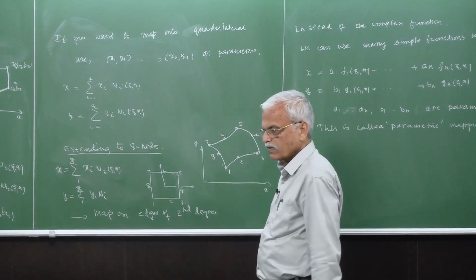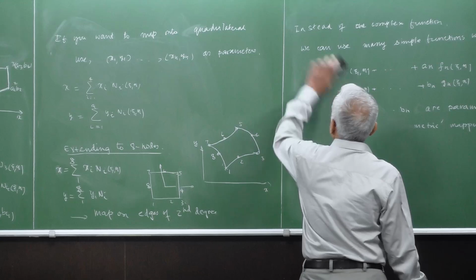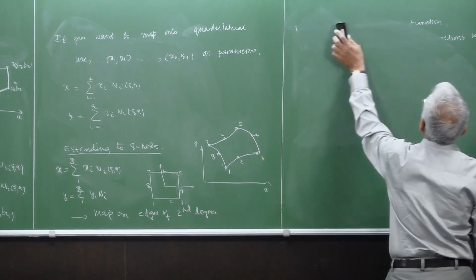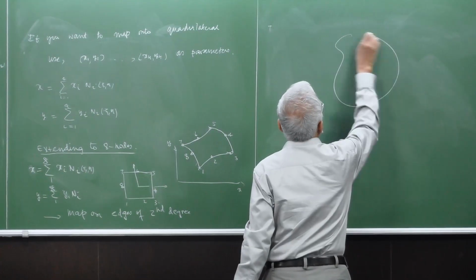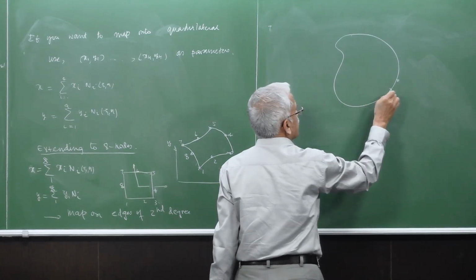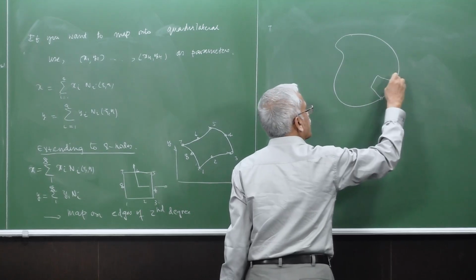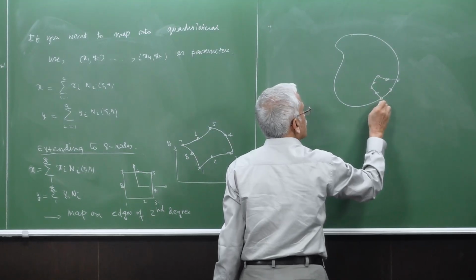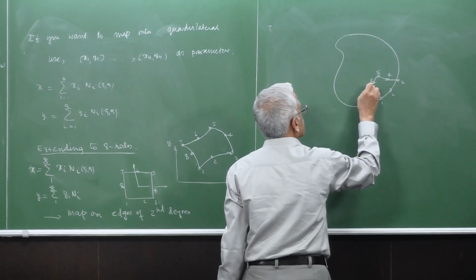So that means that if you have a curved side like this one, if you have some element on the edges, so what all you need, so it is 1, 2, 3, 4, 5, 6, 7.